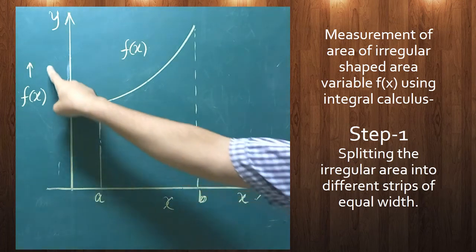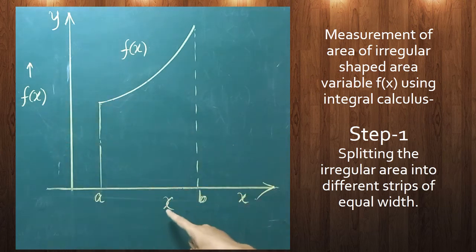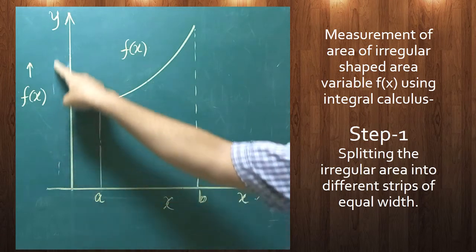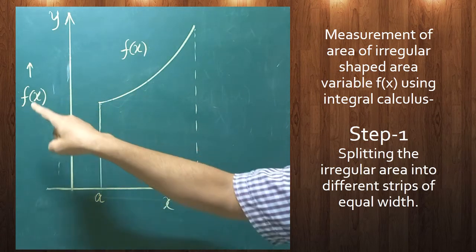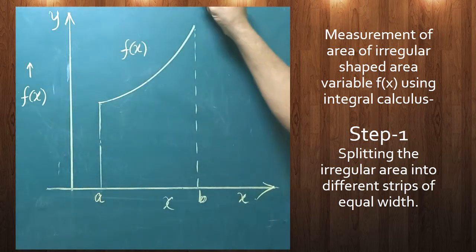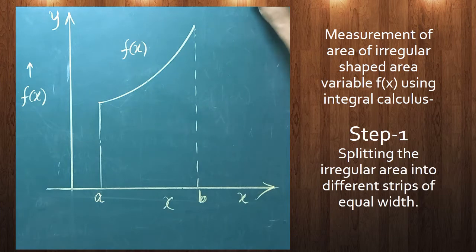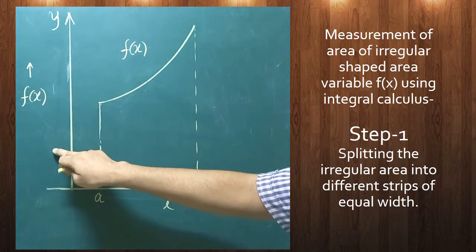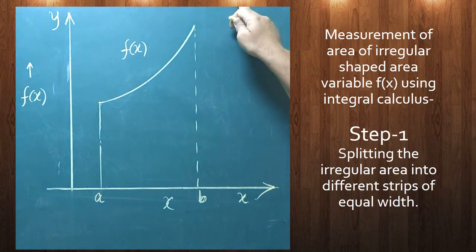So this y factor varies with respect to x. That's why the variables written here are called a function of x, f of x. Therefore y is nothing but f of x, meaning the parameters written here depend on x.